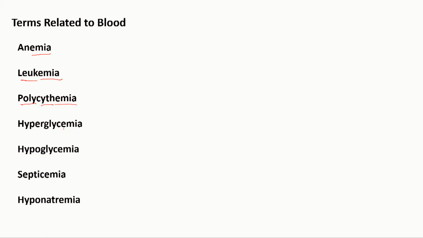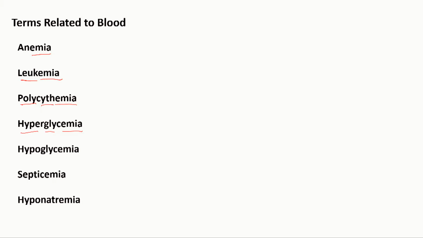Then there is a term called hyperglycemia. Again emia is there. Emia stands for blood. Hyper means more. Glyce is standing for glucose. So more amount of glucose in the blood circulation is what you call hyperglycemia, which is actually diabetes. So hyperglycemia is a term which is needed by a clinician in order to decipher the level of glucose concentration in the blood.